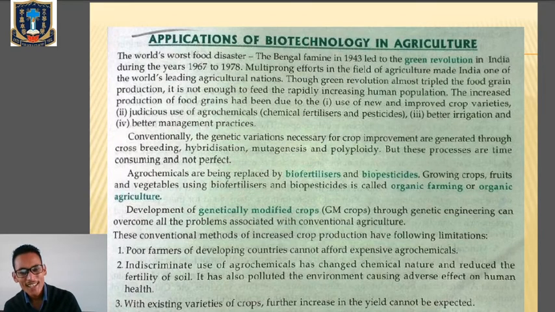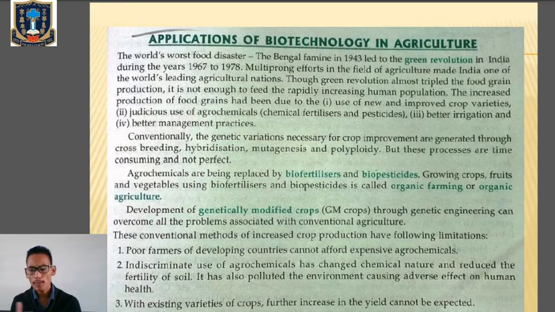Number two is the indiscriminate use of agrochemicals. Those chemical fertilizers, pesticides and insecticides will decrease the fertility of the soil. Clear? Not only that, they will also have an adverse effect on human health, because we are at the top of the food chain.